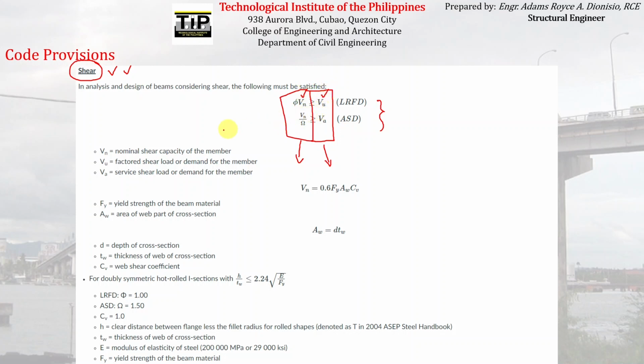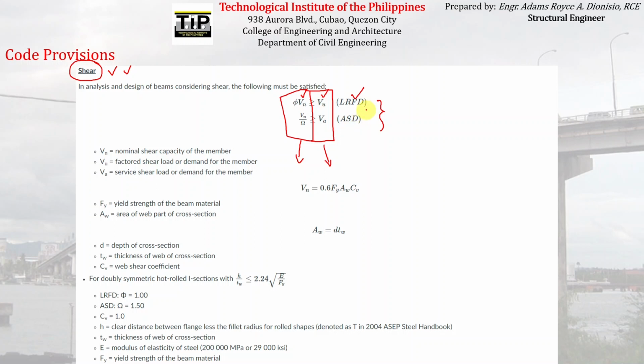Okay, so Vn there is the nominal shear capacity, Vu is the factored shear load, and Va is the service shear load. Vu is the demand that is used whenever we design using LRFD, which is the trend nowadays because the ASD design philosophy is actually being made obsolete.